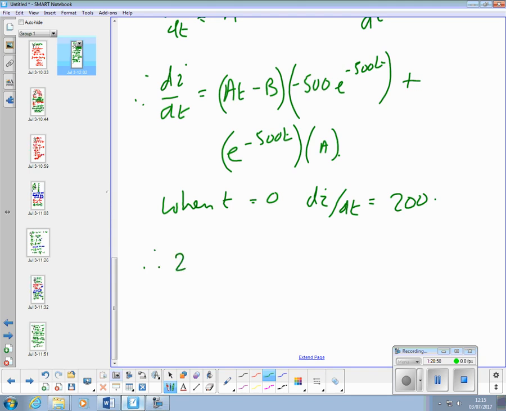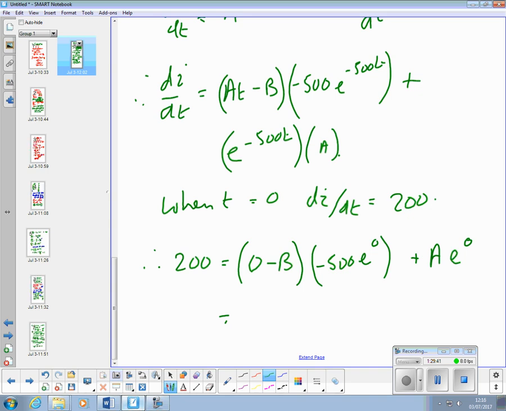Therefore, 200 is equal to (a times nothing plus b), yeah, t is nothing, times minus 500 e to the 0, agreed, plus a times e to the 0.